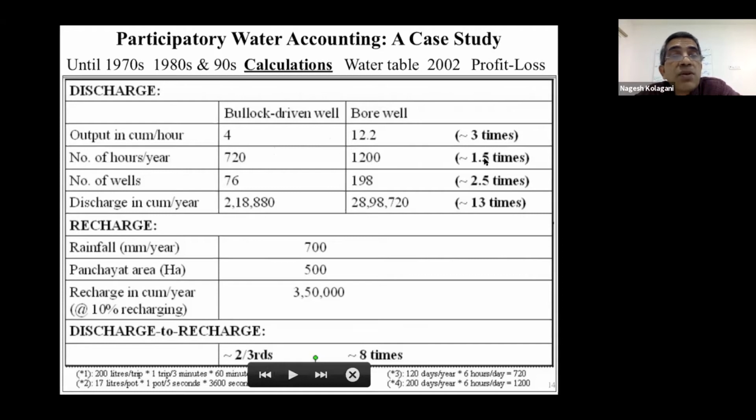Power is not 24 hours. Luckily, it was only 8 hours a day or so due to limited electricity available. The number of wells has increased. Together, you can see the 80s and 90s have witnessed one order of magnitude more sucking out of water from the ground, whereas the recharge has remained the same.